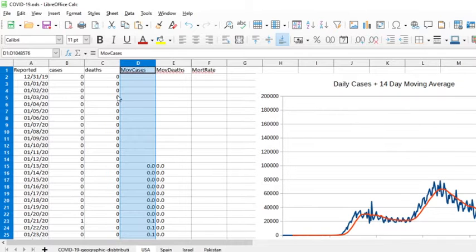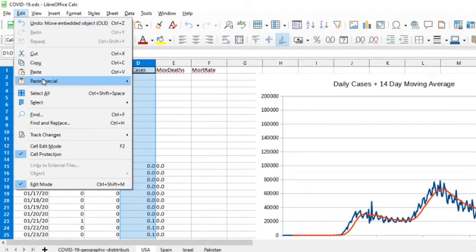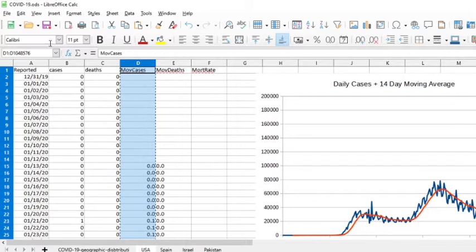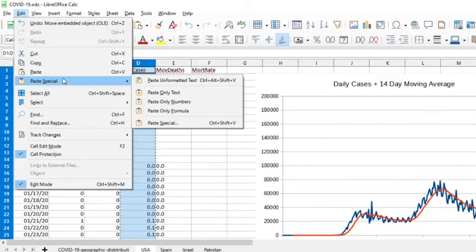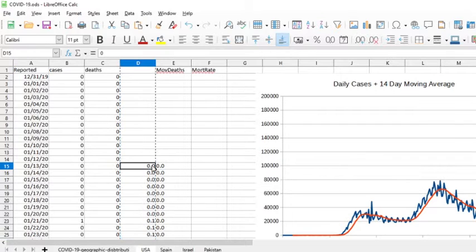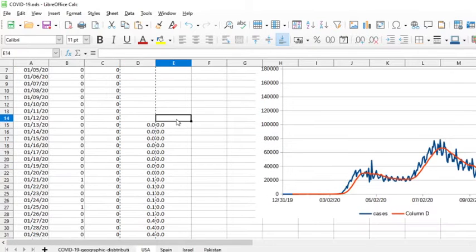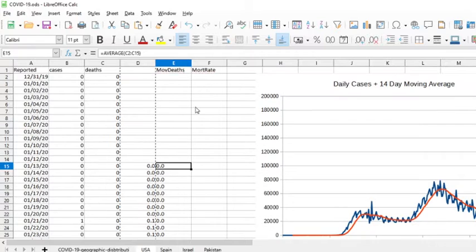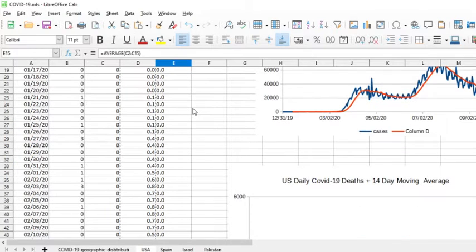You simply come over here like this. It tends to help a little bit when you don't sort and stuff like that. So now the formula's gone. Okay, the formula's gone here also. Okay, mortality rate is simply deaths divided by cases.